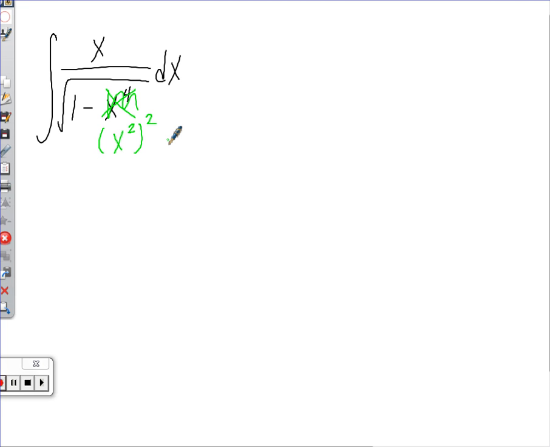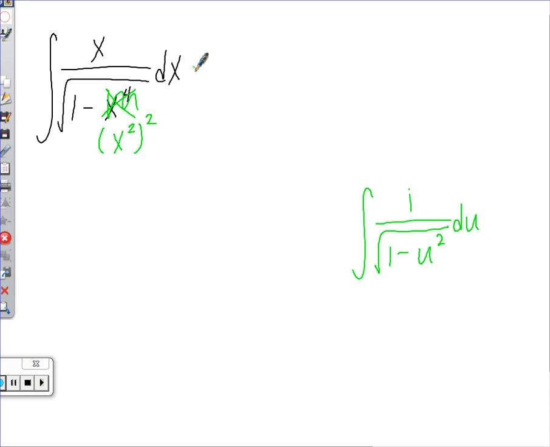Does that make sense? Now x squared squared reminds me of my u squared, right? My goal in the end is to try and get 1 over square root of 1 minus u squared, right? So if I can make that 1 minus x squared squared, then I could turn x squared into u. Seem fair?